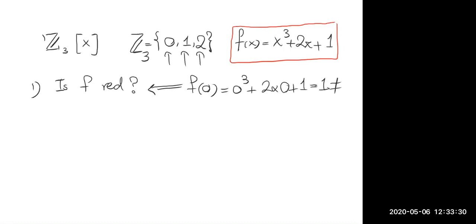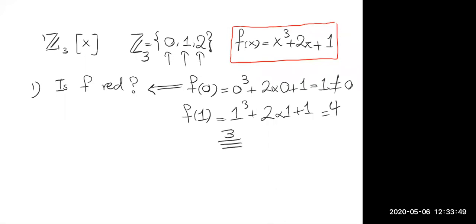And 1 is not 0. F of 1 is equal to 1 cubed plus 2 times 1 plus 1. It's 1 plus 2 plus 1. It's 4. 4 mod 3, here we are in Z3. 4 mod 3 is 1, and 1 is not 0. So 1 is not a root either.